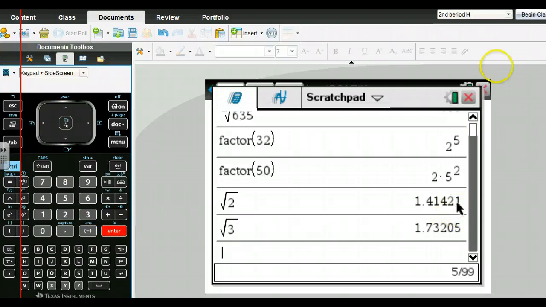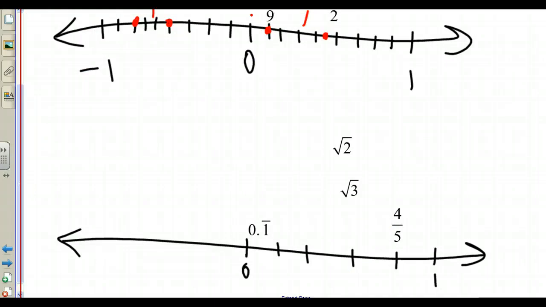So 1.41 and 1.73. Let's see if that helps.